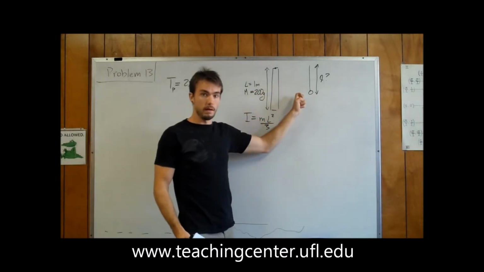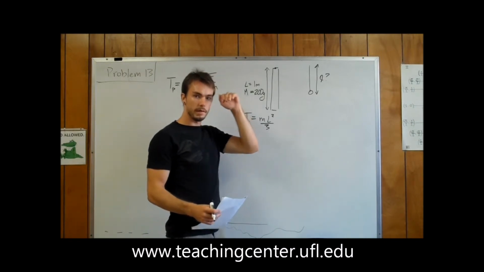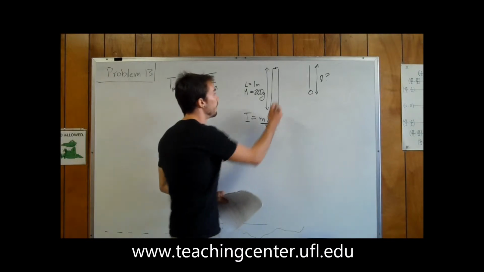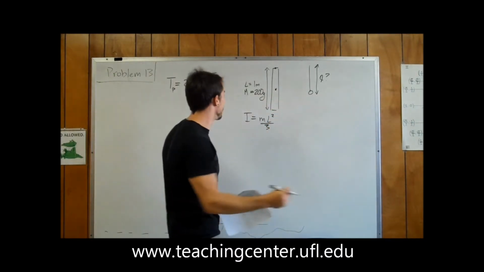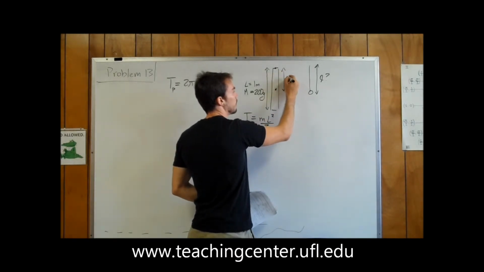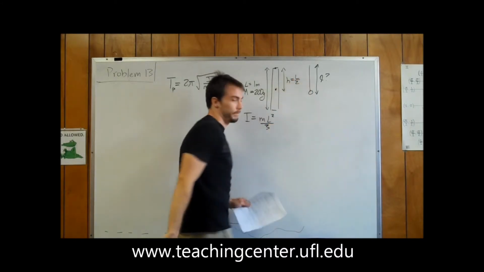H is actually the measurement from the point of rotation to the center of mass of the pendulum, which for a uniform thin rod is right smack dab in the middle, which is L over 2. So we have to keep that in mind when we're calculating. H is going to be equal to L over 2.